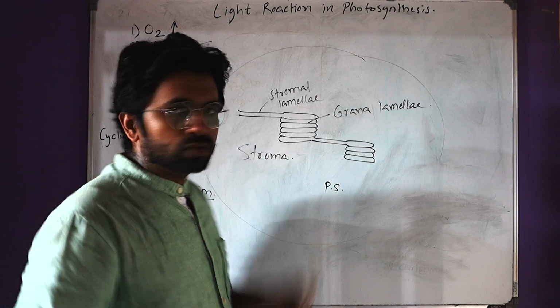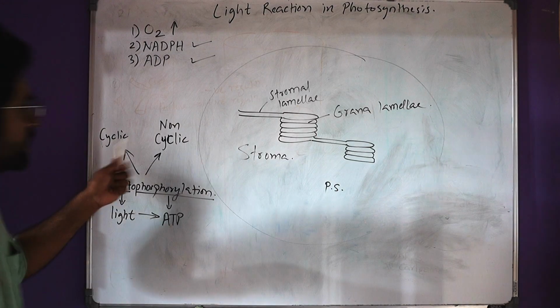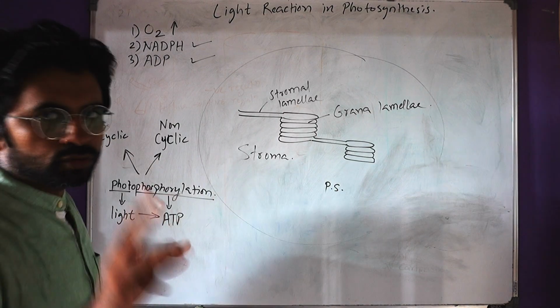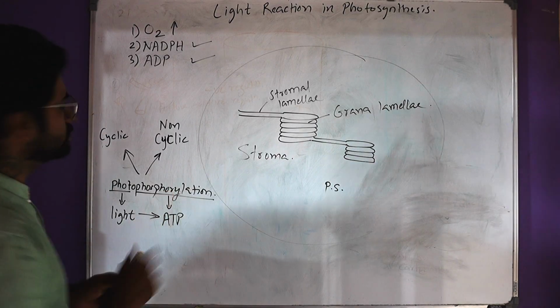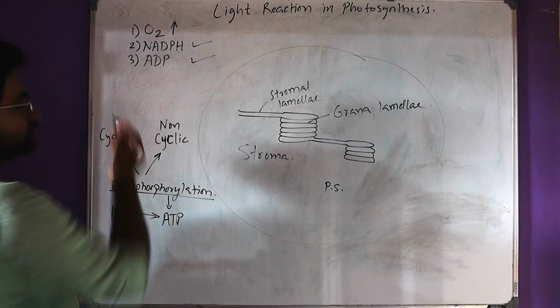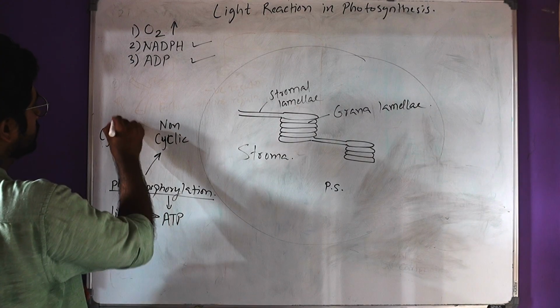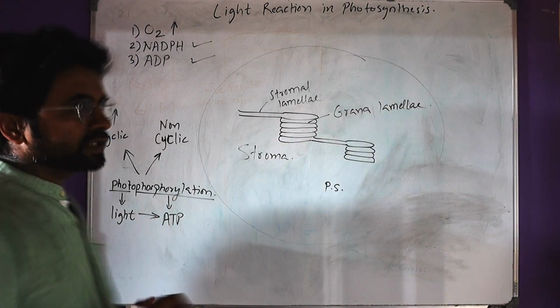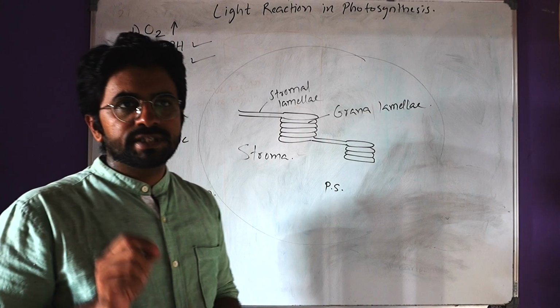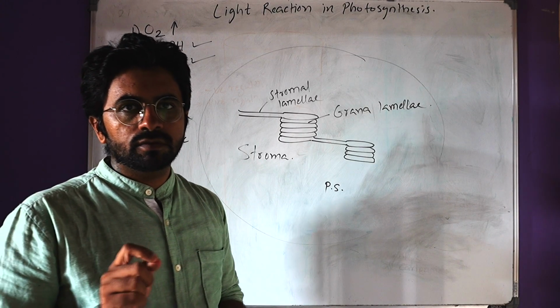Let's come back to the location. As I said, cyclic and non-cyclic. So I told you there are two photosystems. Cyclic can absorb 700 nanometer of light.